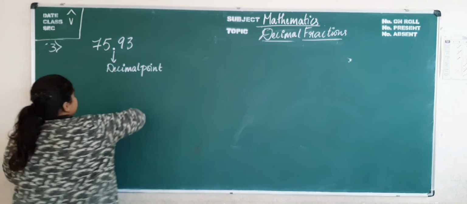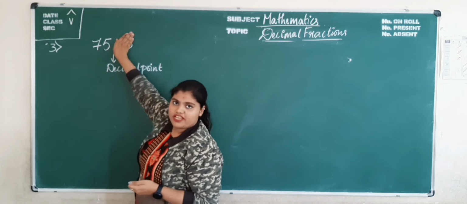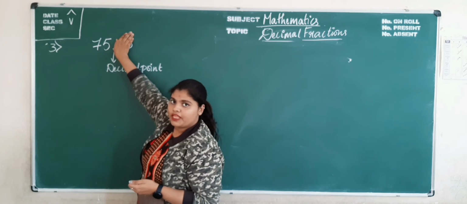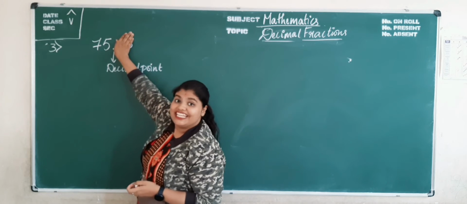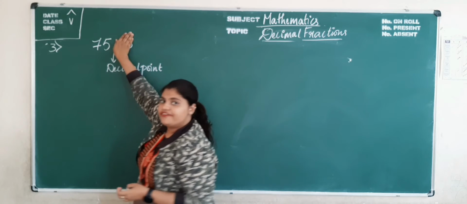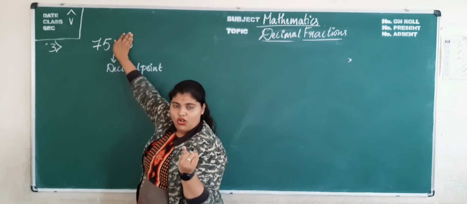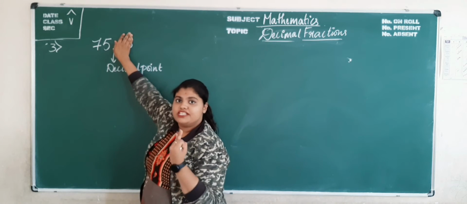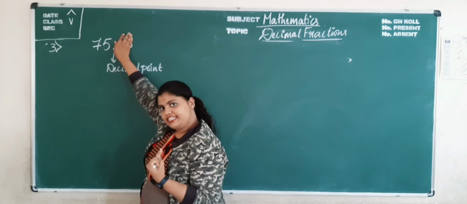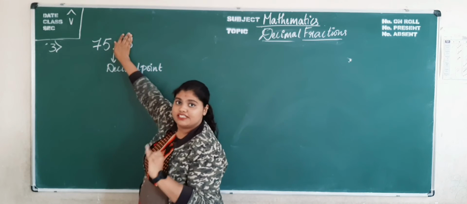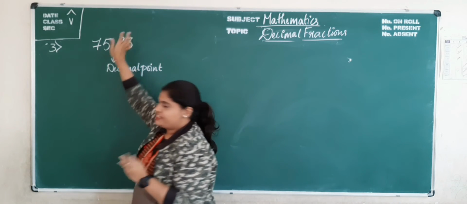If I just see 75, what type of number is it? 75 is an integer, right? What are integers? Whole numbers and negative numbers together are called integers. So I can say that 75 is an integer.